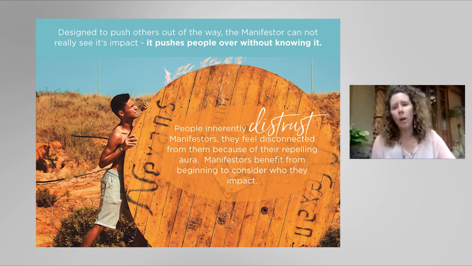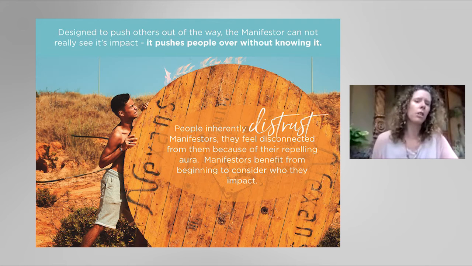And the partner is also informing the manifestor. So manifestors like to be informed. It's a way of showing respect. So a healthy relationship for a manifestor will involve a lot of politeness and courtesy of just keeping people in the loop about how they're moving through life, which is a difficult thing for a manifestor to learn.